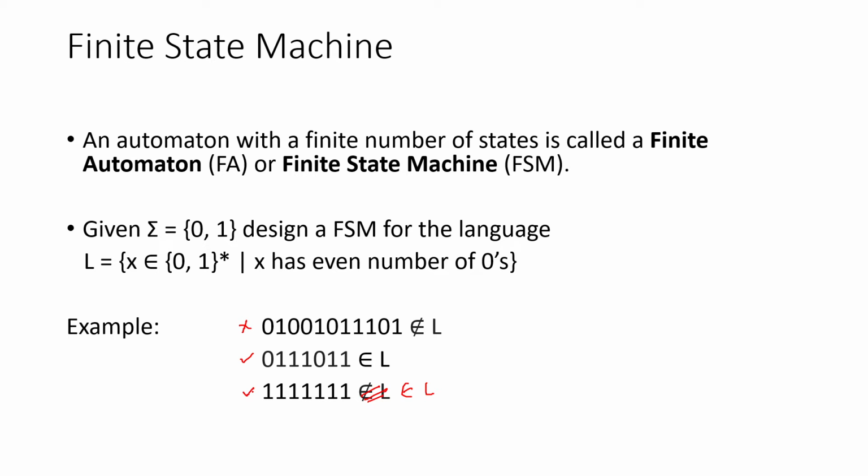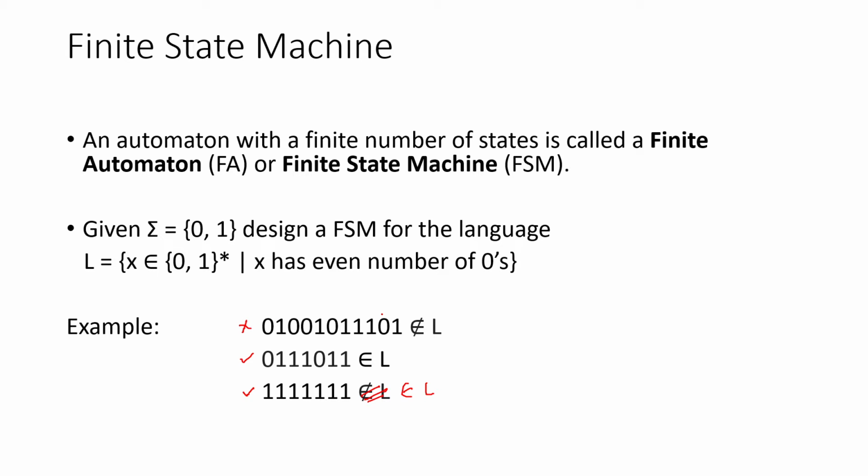But before that, how would you say that the string has an even number of zeros? Of course, you can write an algorithm that starts from the leftmost symbol, changes position to the right once at a time, and just counts the number of zeros.